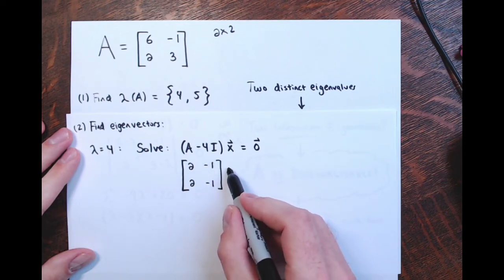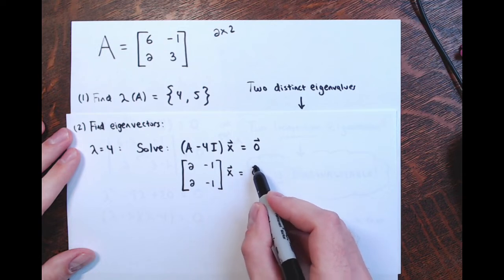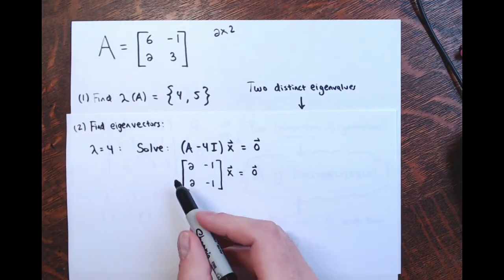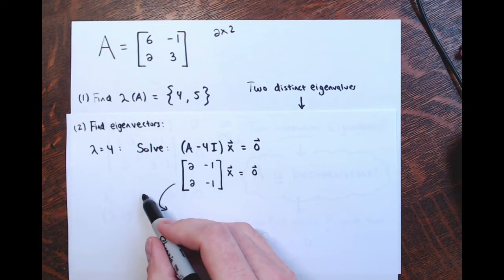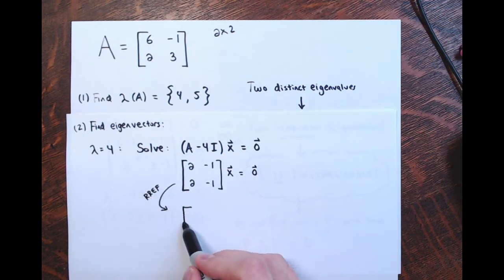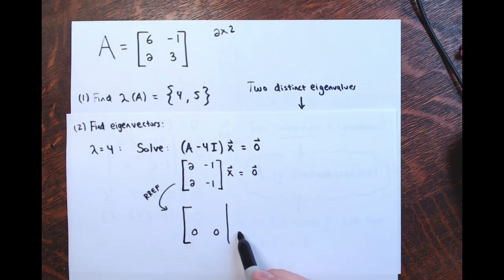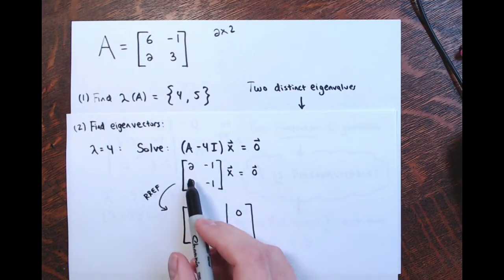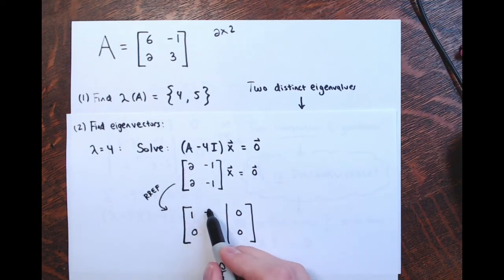Then times some vector x equals the 0 vector with 2 components. Putting this into reduced echelon form is pretty simple. There's only 2 rows. These are the same thing, so I can get rid of the second row, and then the first row I'd multiply by a half to get that lead 1. So there's reduced echelon form.